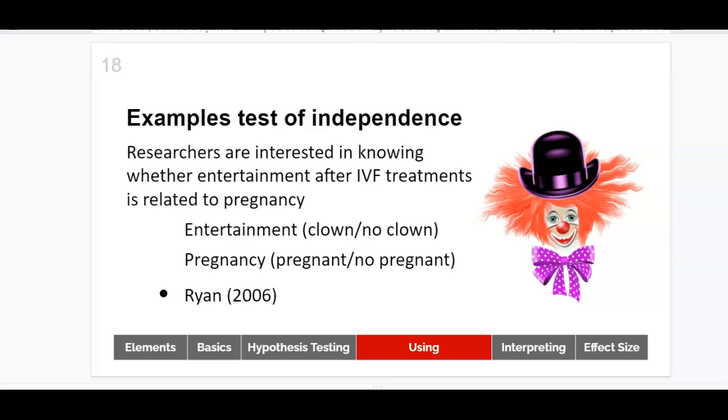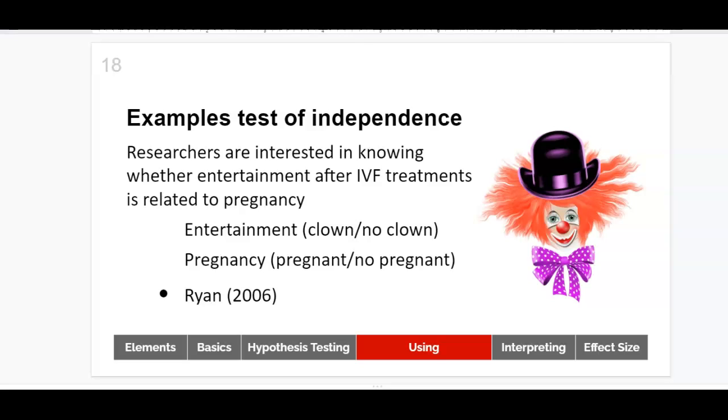And in this case, we are doing something after the treatment. So after the IVF, they're either put in the clown condition or the no clown condition, with clown being the source of entertainment, relaxation. You're trying to get a laugh, relax that body. So they're in that parasympathetic system versus the sympathetic system. And then they follow up and see if the individuals are pregnant or not.